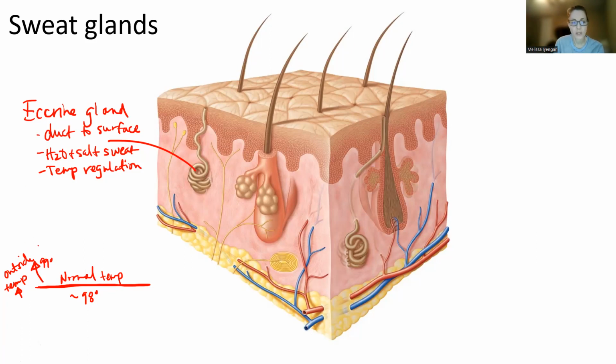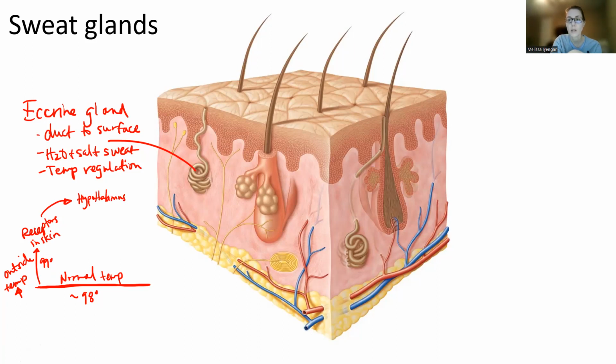That 99 degrees has to be registered by receptors in the skin. What types of receptors? Thermoreceptors, receptors that sense temperature. Those receptors then send a message to the brain, in this case the hypothalamus. The hypothalamus is what we call the control center.